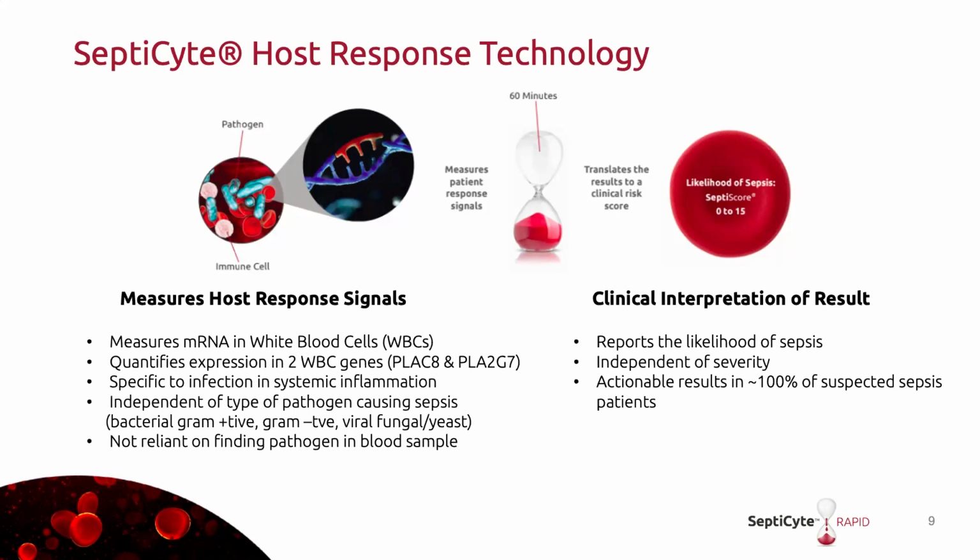It measures the test in approximately 60 minutes and translates this into a clinical score from 0 to 15, reports the likelihood of sepsis, it's independent of the severity of the disease, and gives an actionable result with that score in 100% of suspected sepsis patients. Next slide, please.